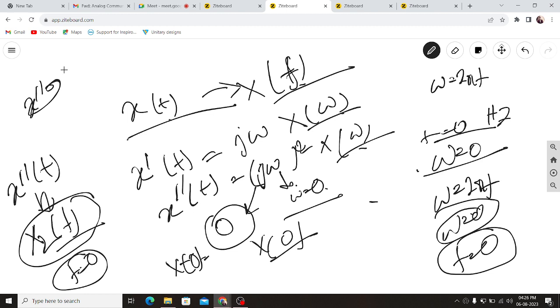I just asked what is the Fourier representation of x double dash of t at omega equal to 0. Double dash of t is a signal, and it has a Fourier transform representation. What is the value at omega equal to 0 of that signal? Then what will be the area of x double dash t, sir? Yes, sir.